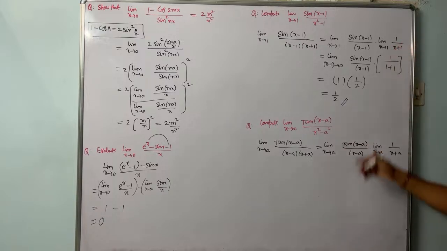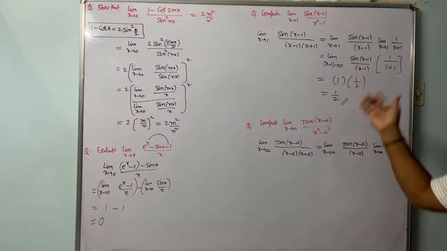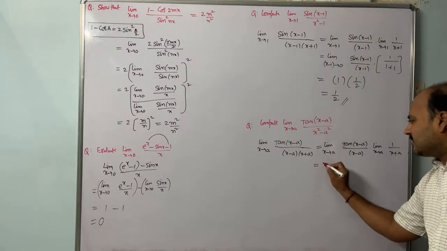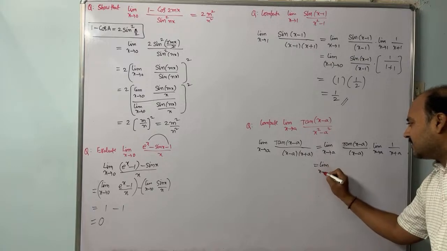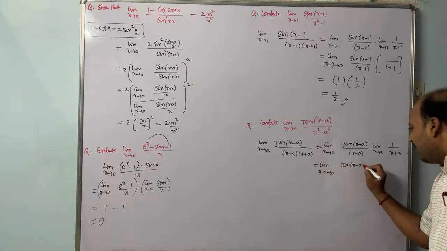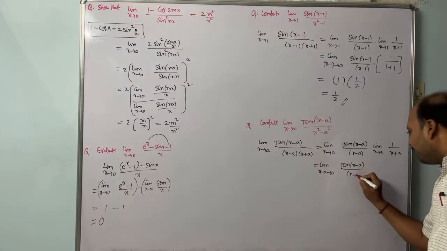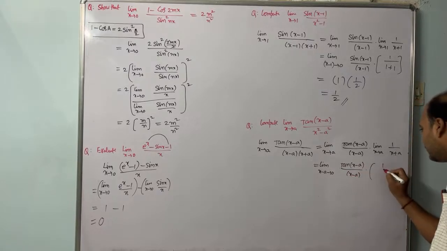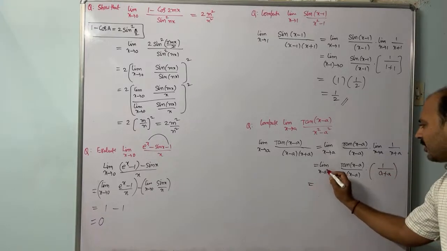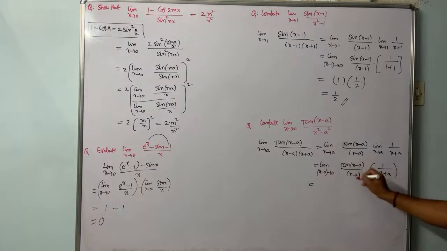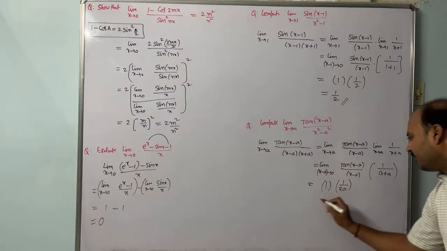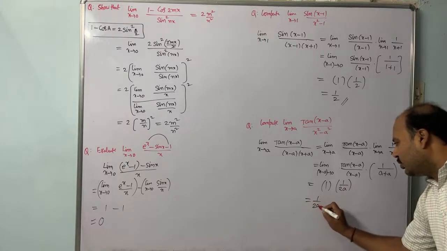As it is, wherever 1 is there, a is there, dear student, but the function is tan here. There is only that difference. So bring this side, limit x minus a tends to 0, tan of x minus a by x minus a into x is equal to a, substitute a plus a. So it is in the form of the formula limit x tends to 0, tan x by x is 1, into 1 by a plus a is 2a, which is equal to 1 by 2a.